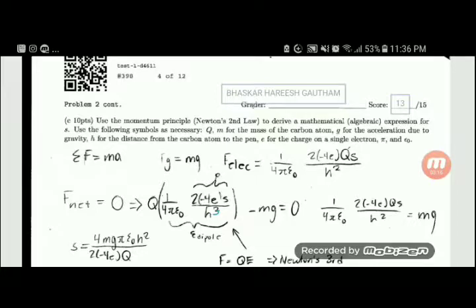But also, when you're looking at the charges and the forces, the electric field for a dipole when it is on axis, which is the case of this, not perpendicular, is going to be 2 times q times s over h cubed times k, which is 1 over 4 pi epsilon naught, 9 times 10 to the ninth, essentially.